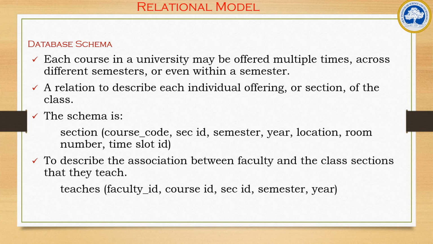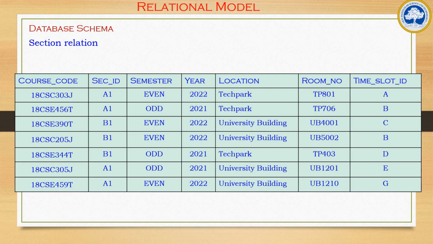Similarly, there is a relation between faculty and class sections, describing which faculty teaches which classes. The teaches relation may have the attributes faculty ID, course ID, section, semester, and year.